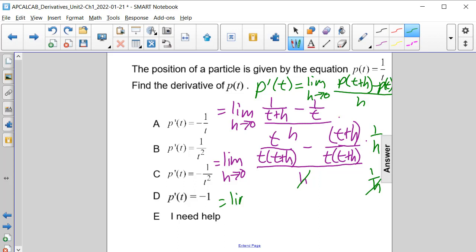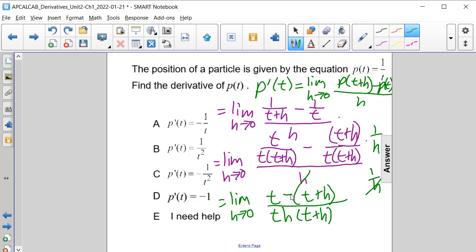So we're still going to have the limit as h approaches 0, but we're going to have t minus t plus h, all divided by t and h from here, and then t plus h.